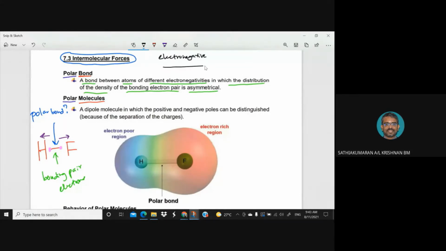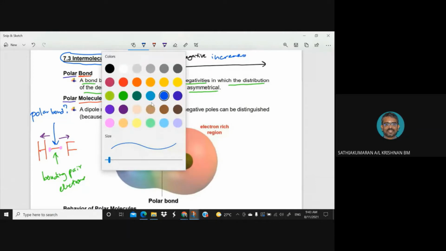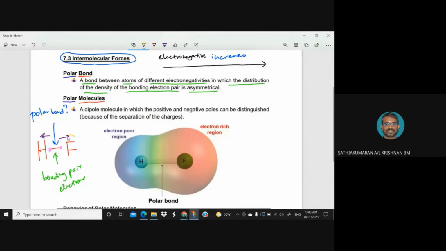Electronegativity across the period, does it increase or decrease? Electronegativity increases. If electronegativity increases, which atom has the higher electronegativity? Fluorine, because fluorine is group 17.